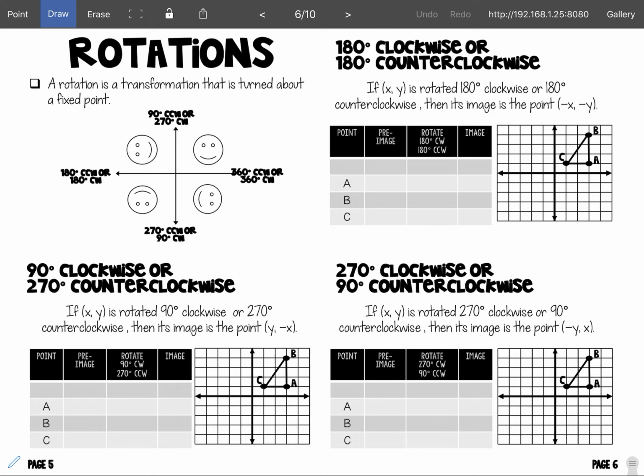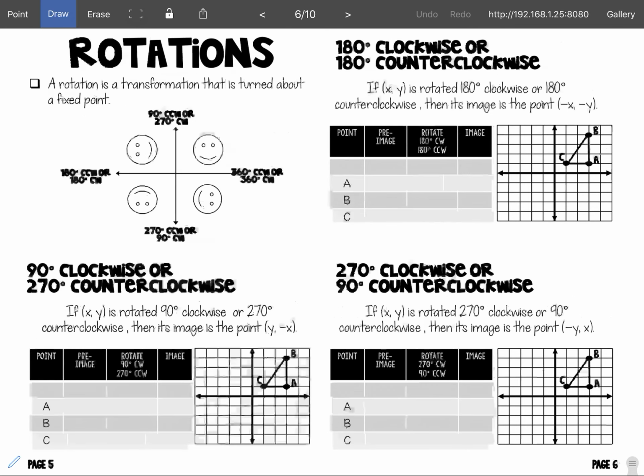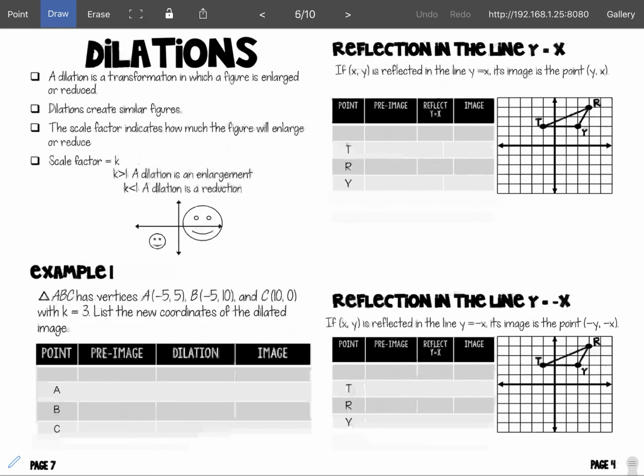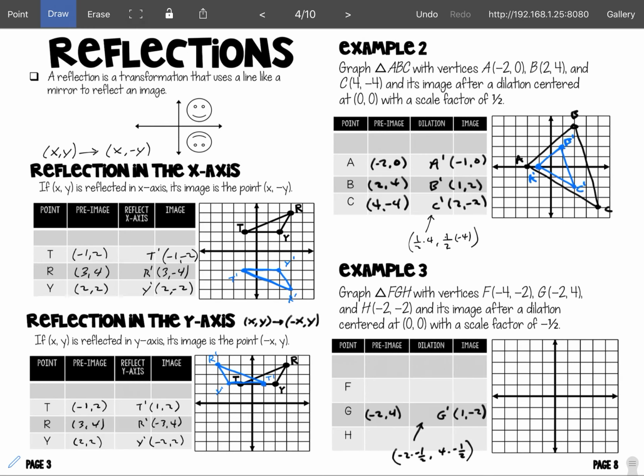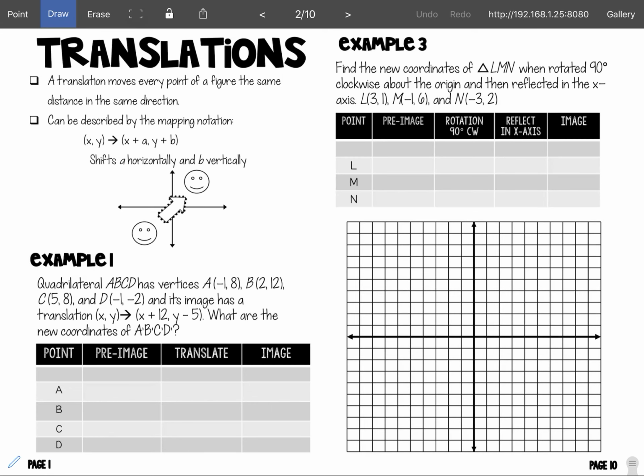Oh, this is crazy. Let's see if I wait a second, if there's just a delay. Well, let's see if I can get another page to match up. All right, we can try it. I'm on the right page with this one, so let's try this one.